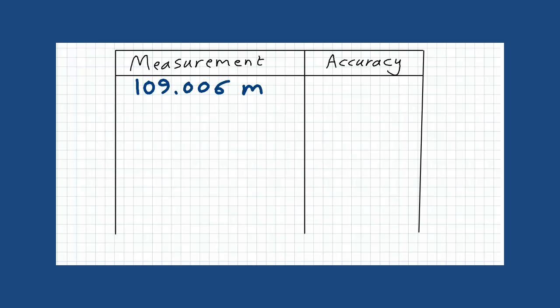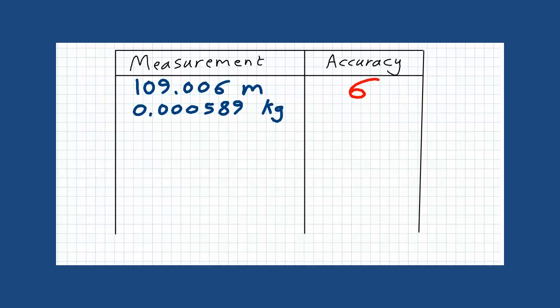We start from the left, counting from the first non-zero number. So we have 1, 2, 3, 4, 5, 6 significant digits. So we can say that we have accuracy 6 for this measurement.